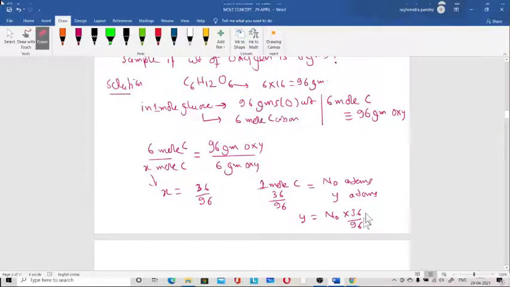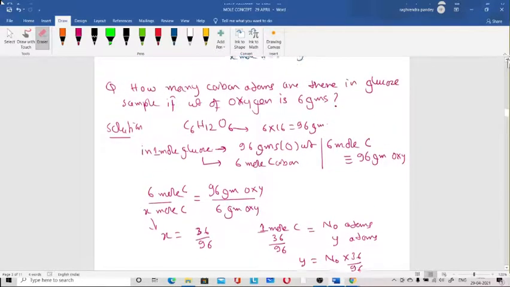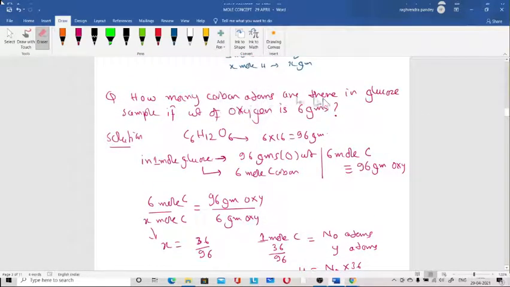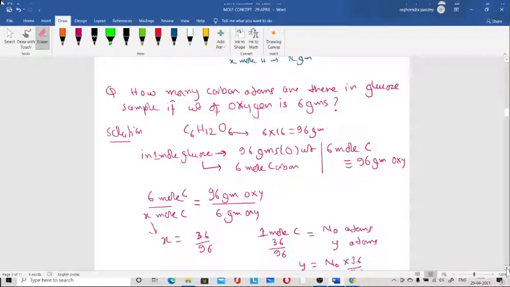Yes, you can also do that. Yeah, you will get the same answer. Answer will be same. Most of the time in exam, if you have to find the number of atoms, then the answer should be in the form of atoms.